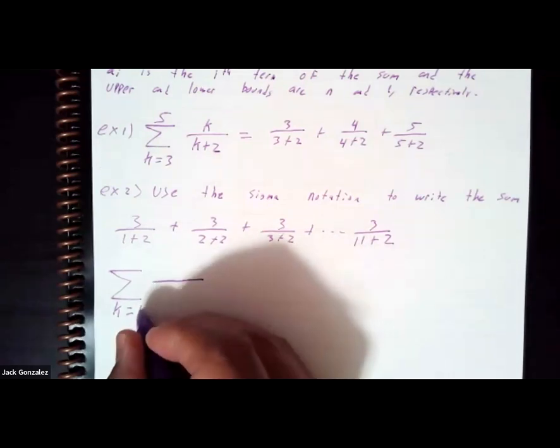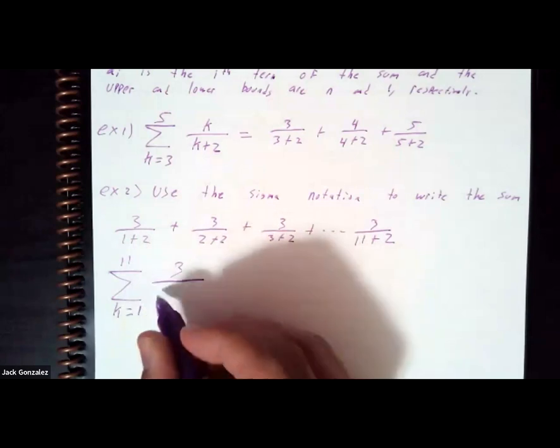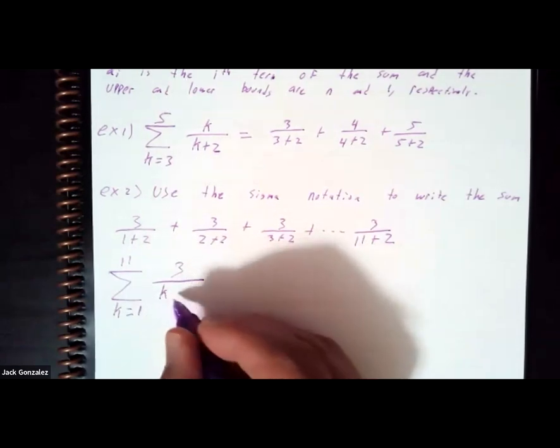Or where do we start the index? And where do we stop? So this would be 1 to 11. The 3 is just chilling there, so just put it. The one that's changing is going to be the variable. Nothing else changes, right? Does that make sense?